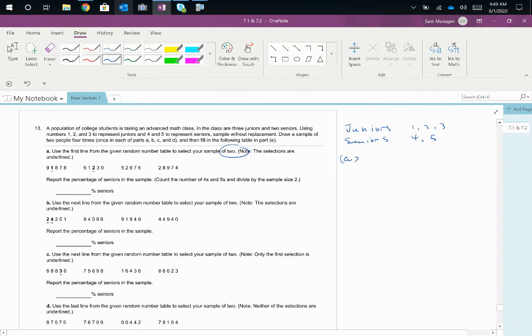They're asking about the percentage of seniors. If both are juniors, that means there are 0 seniors. So 0 out of 2 is 0%.